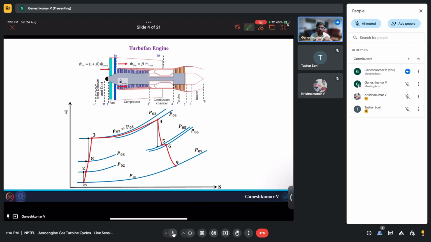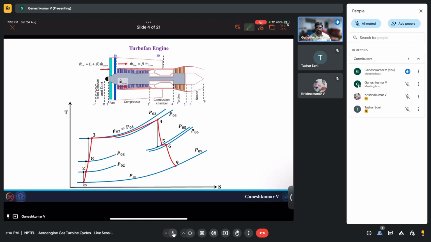In addition, you also have the bypass flow. The air which enters the bypass region from the fan has only one component at the end, the nozzle, right? The station number at the exit of the bypass nozzle, or you can call it the fan nozzle, will be 10.